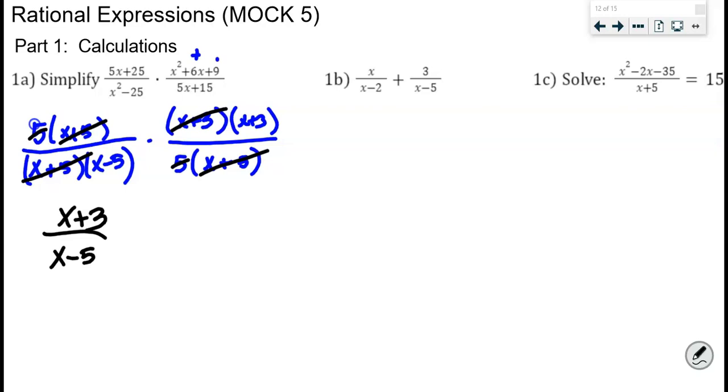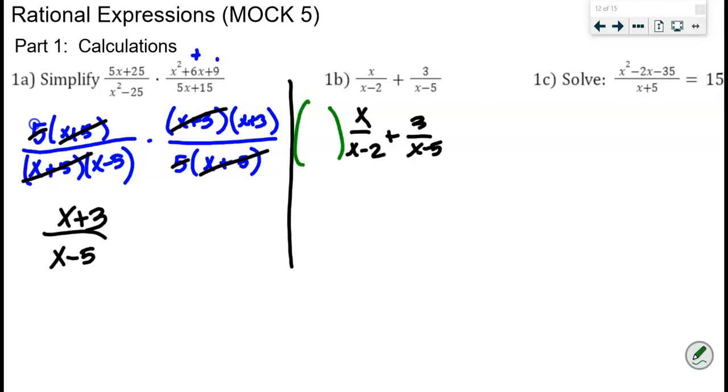And then part B, we're finding the common denominator here, remember, because we are adding, okay? So we're going to multiply this first one by the other denominator, x minus 5 over x minus 5. We're going to multiply this one by the x minus 2 over the x minus 2.